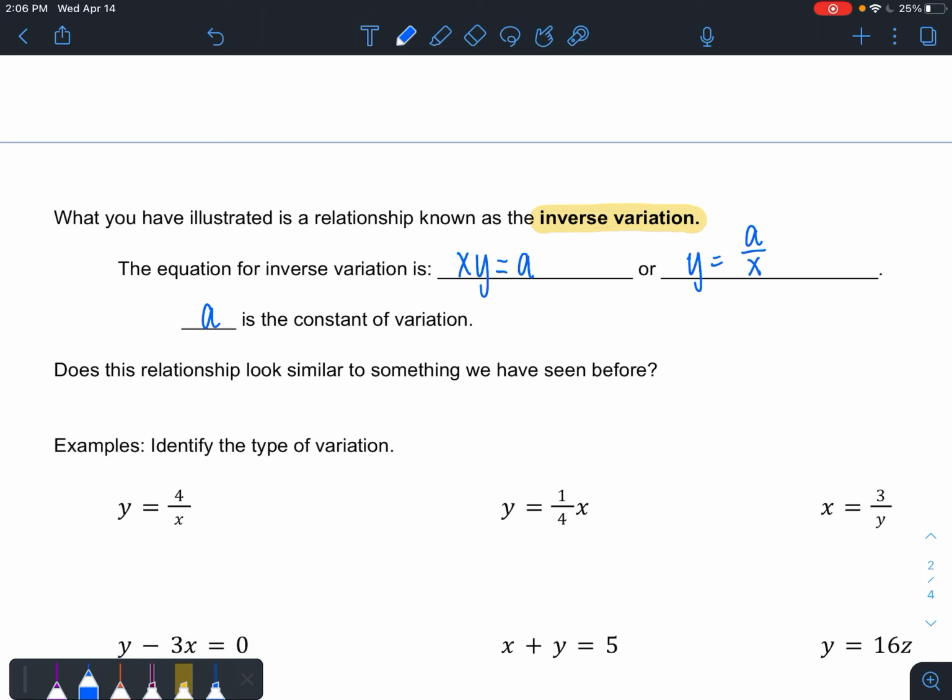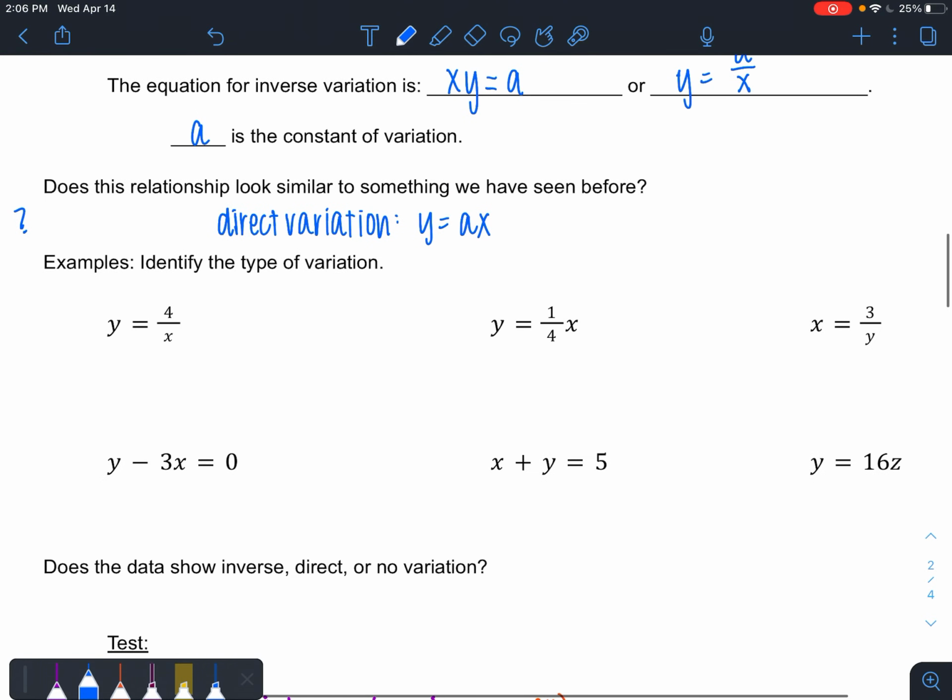Does this relationship look similar to something we've seen before? You should say yes, direct variation. They look very similar, except y is equal to ax for direct variation. Now we're going to identify the types of variation.